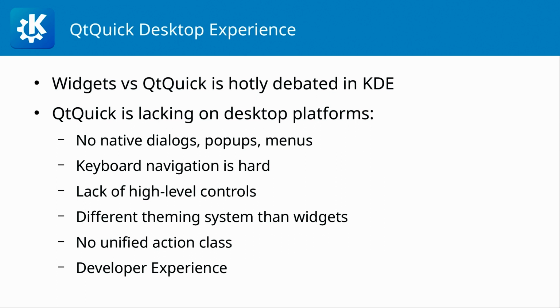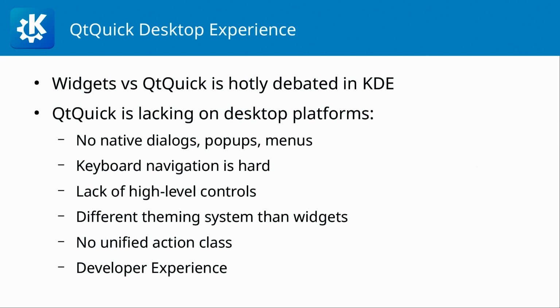Then we're ever more transitioning away from Qt widgets towards Qt Quick, at least for new applications. But the topic of should I use widgets, should I use QML is somewhat hotly debated and controversial within KDE. And that's because Qt Quick is still lacking a lot of things that make it a good desktop citizen.